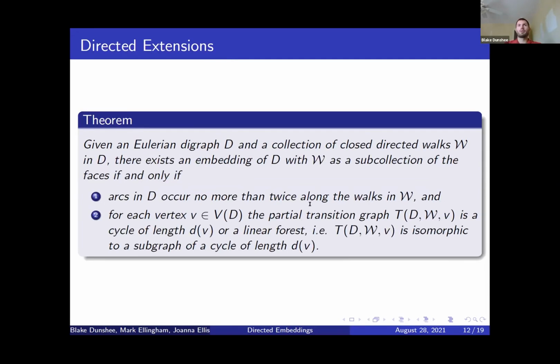If we have an Eulerian digraph and a collection of closed walks W, then there exists a directed embedding with W as a subcollection of the faces if and only if the arcs occur no more than twice in the walks in W, and all of our partial transition graphs are isomorphic to subgraphs of a cycle of length d of v.